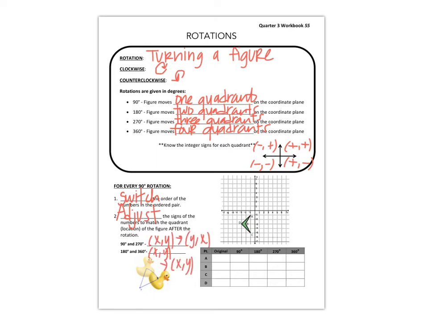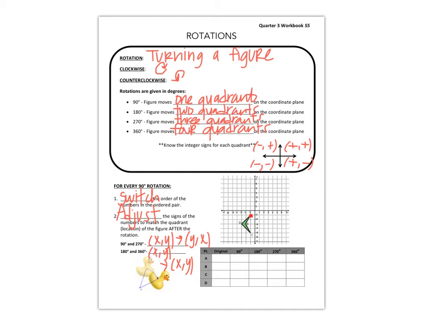So in other words, for every 90 and 270-degree rotation, XY is going to switch to YX. So that's for 90 and 270. For 180 and 360, XY stays the same. But for every rotation that you do, you're going to have to adjust the signs based on whatever quadrant that you land in. So let's start.